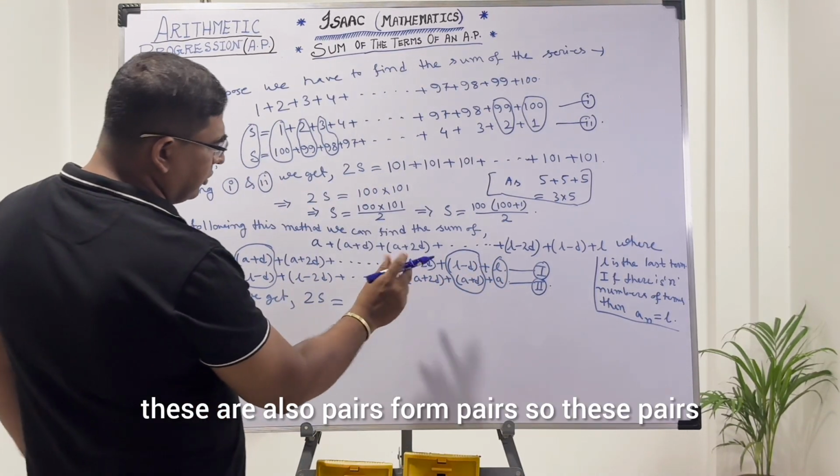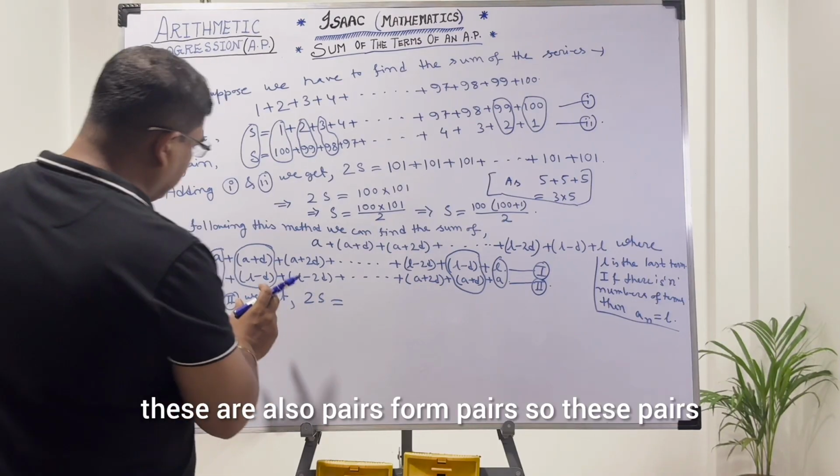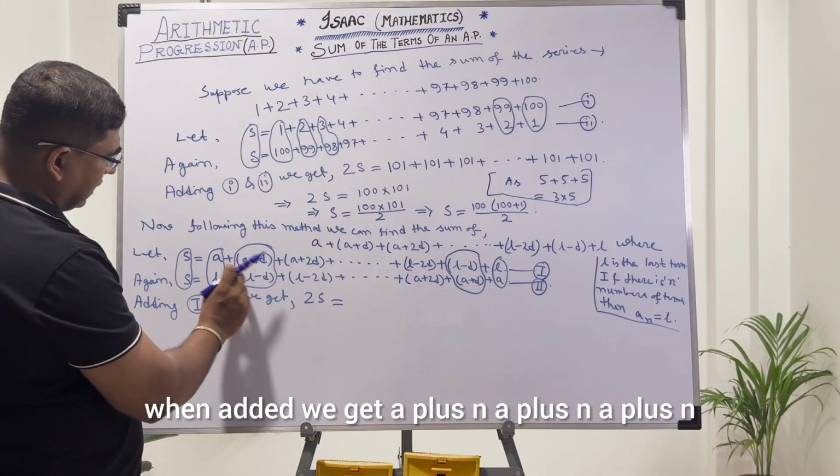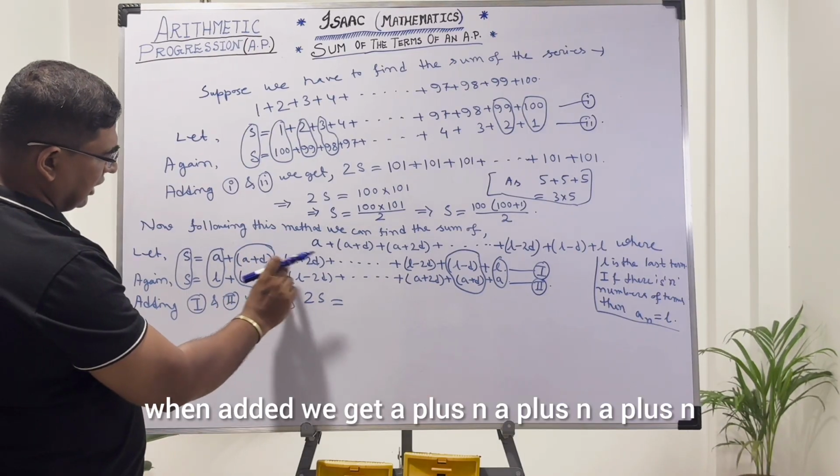These are also pairs. So these pairs, when added, we get a plus l, a plus l, a plus l.